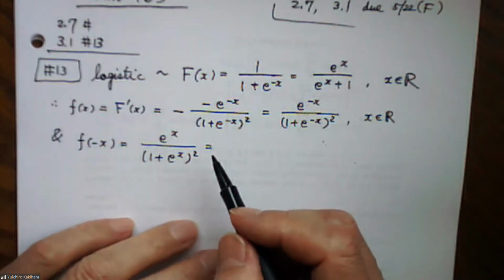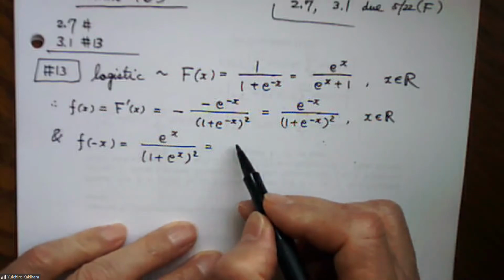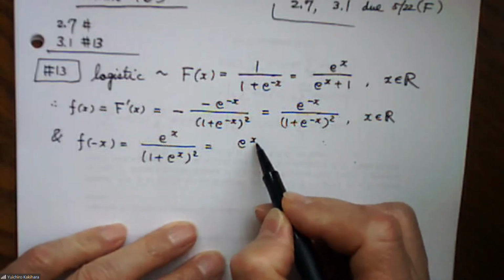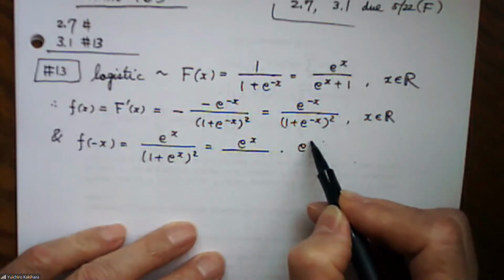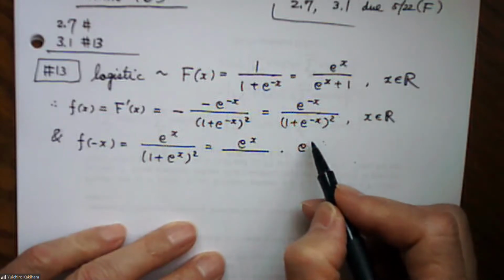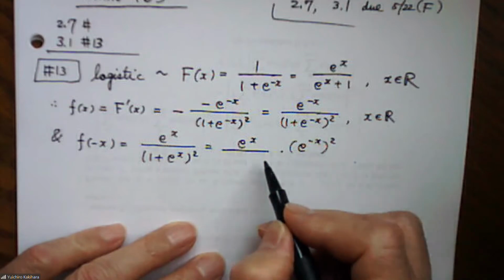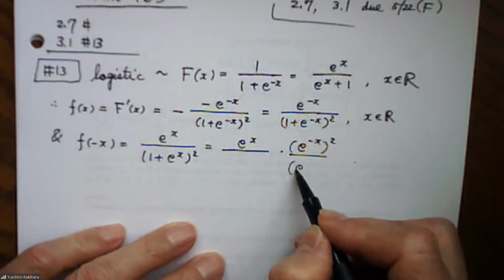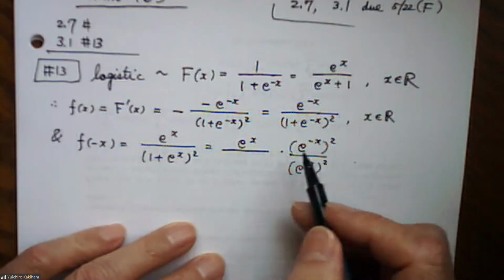To see that this is equal to the original, I multiply the numerator and denominator by e to the negative x, squared, which is e to the negative 2x.